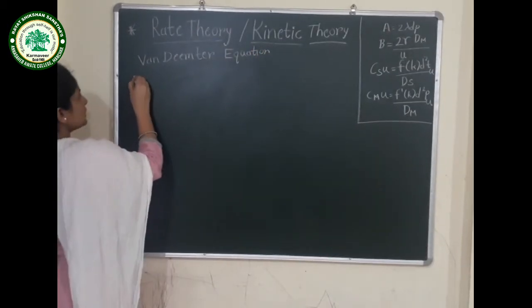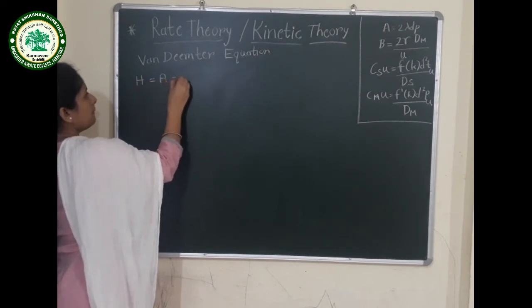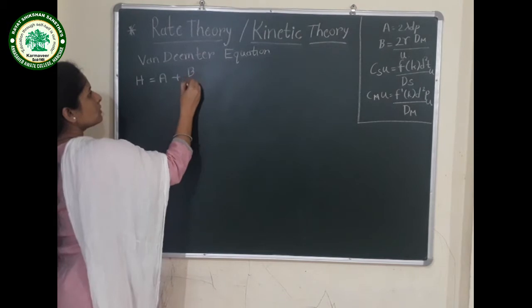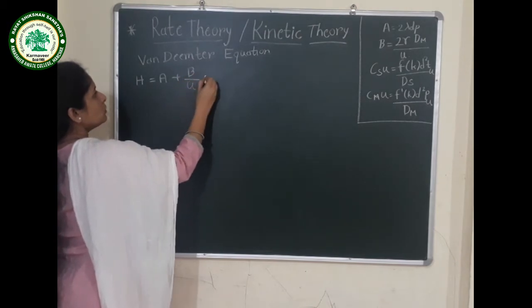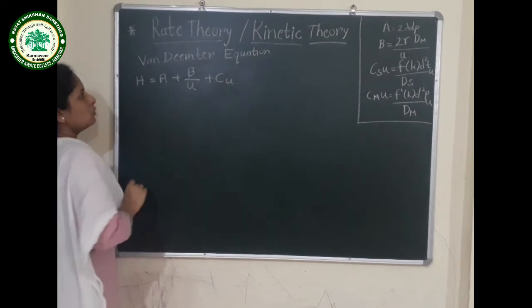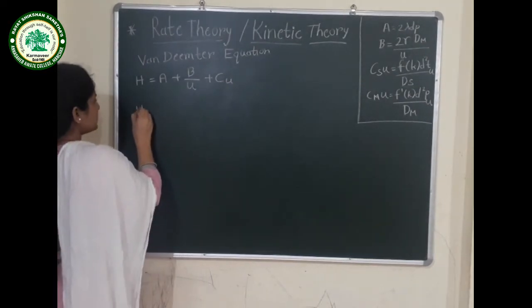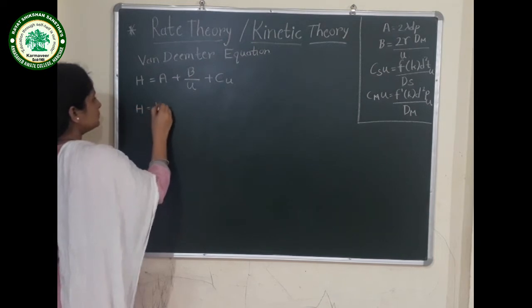This equation is given by H is equal to A plus B upon U plus Cu. Now what is this H? H is the height.